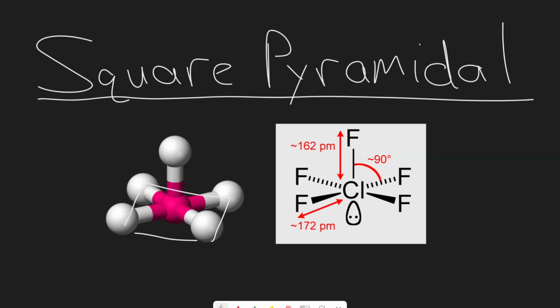And then because one of the atoms gets pushed up into the axial plane, this is going to form what's called square pyramidal. So it has a square base and there is one atom up top to form a pyramid. The bond angle between the square equatorially and the axial bond is not going to be exactly 90 degrees, most likely a little bit less than 90 degrees because, as we said, the lone pair has more repulsive force than the bonds do.